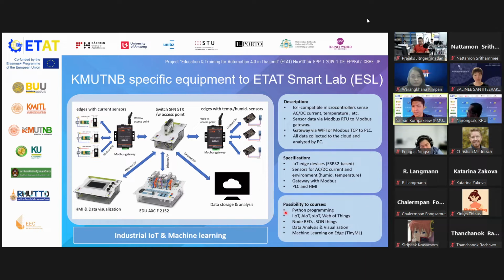So the possibility for this course would be, on the edge device, Python programming and C++ programming, and also learning machine learning on edge devices, for example TinyML, and all things of what I would say the XIoT, because at that time it is not only industrial, but also artificial intelligence and web of things further.